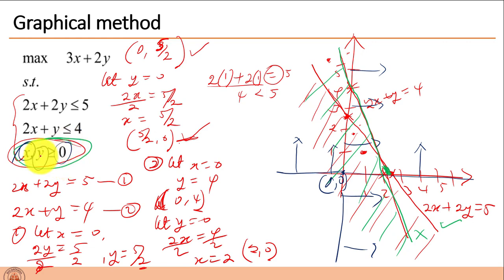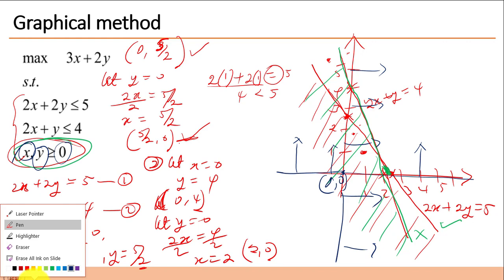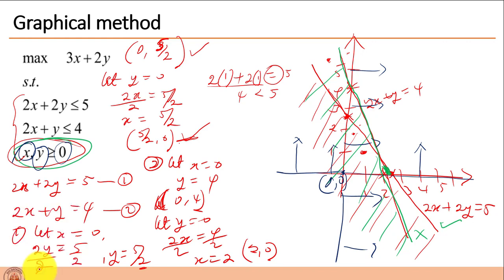So the four inequalities all agree on a particular location, and that is the location we call the feasible region. So let's shade that, and this is the feasible region right here. So this nice area is our feasible region.